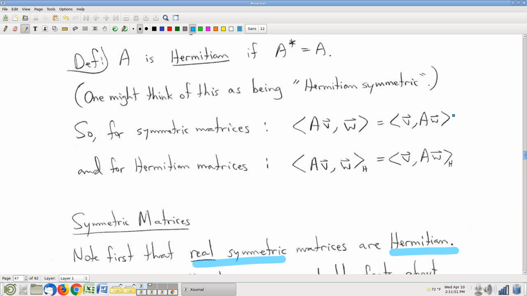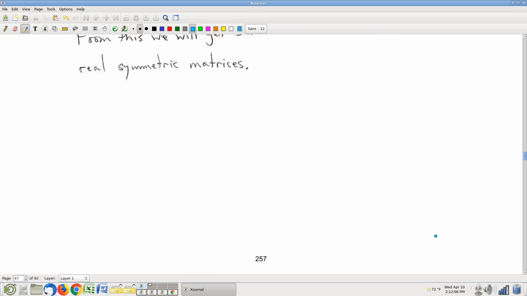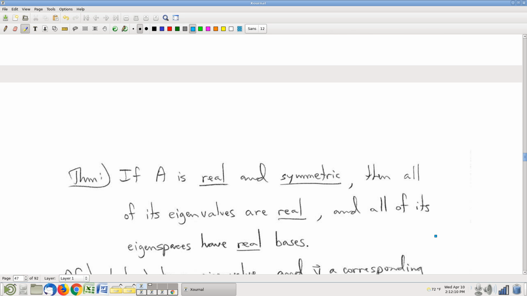Then when you transpose it, well, this is a symmetric matrix. When you transpose it, nothing happens. So, immediate observation, real symmetric matrices are Hermitian. And this leads us into some crazy results. Here we go. First result, if you have a real symmetric matrix. Surprisingly common situation, by the way.